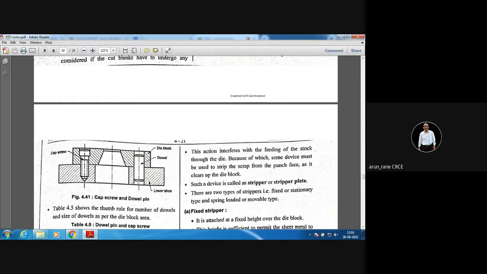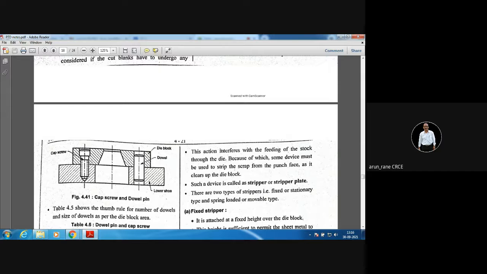That means this hole in both the plates should be reamed. We all know what reaming is. Reaming is the finishing process that is done after drilling. So dowel can align these two plates so that the axis of the punch, the axis of the top half and the bottom half will be aligned.